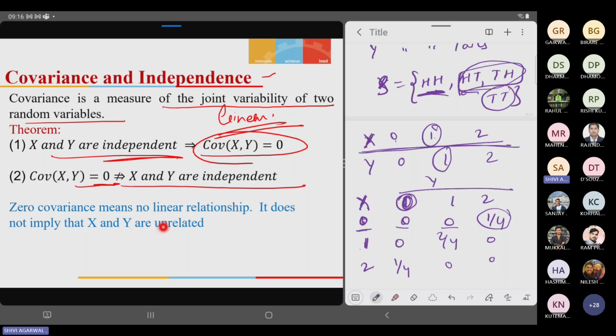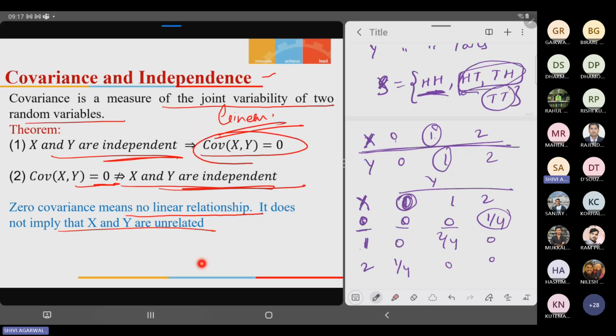Okay. And the second thing is what? Zero covariance means no linear relationship, because with covariance we are talking about the linear relationship. So they may be connected to each other, as we are saying they are not independent. They may be dependent, but they don't have a linear relationship, which means it may have a non-linearity in their relationship. So it does not imply that they are unrelated.